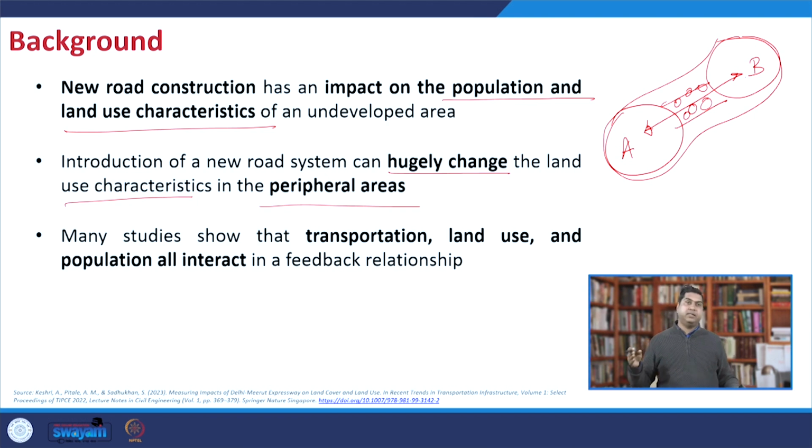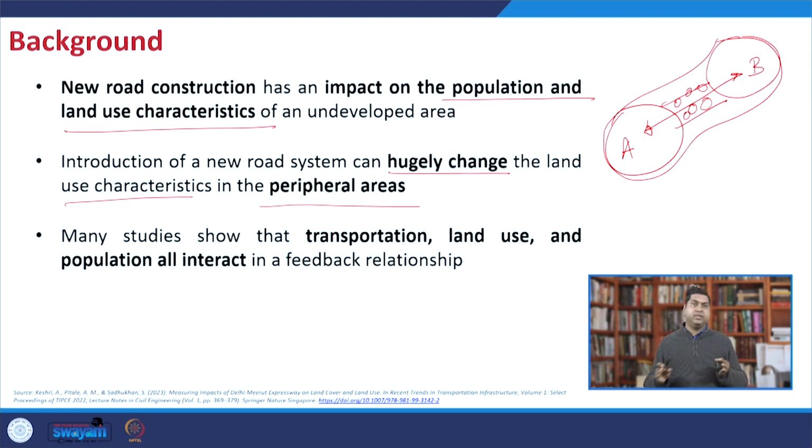You'll find that in most cases when it passes through a village area, you can see all these agriculture fields, but in between you will see some kind of pop up of commercial activity. Maybe it can be a dhaba, it can be a banquet hall, it can be just some fun area. But gradually, what I also observed in many places, is that people start settling near that kind of highway.